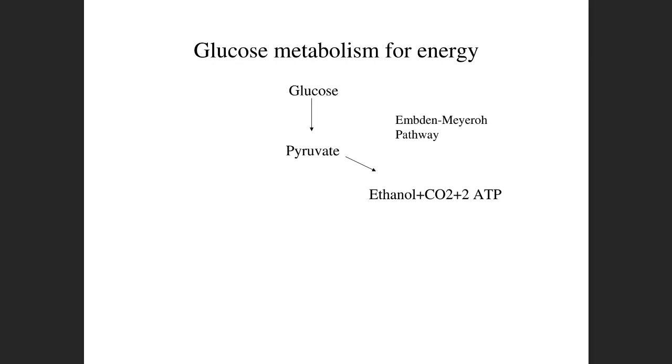Once it gets into the cell, it can go from glucose to ethanol, CO2, and ATP. This is one way that glucose can be metabolized. This pathway is called the Embden-Meyerhof pathway, commonly known as glycolysis. And the most important intermediate in this process is called pyruvate.